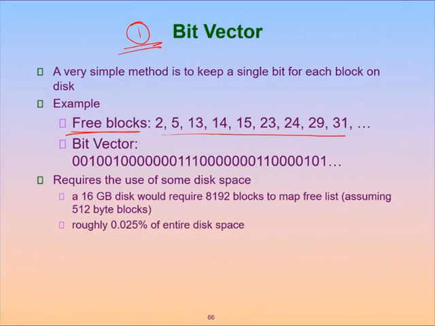So how can we have a bit vector? The bit vector says block number 0 not available, block number 1 not available, block number 2 is available, 3 not available, 4 not available, 5 is available, and so on. Just have a quick look at what it is doing.